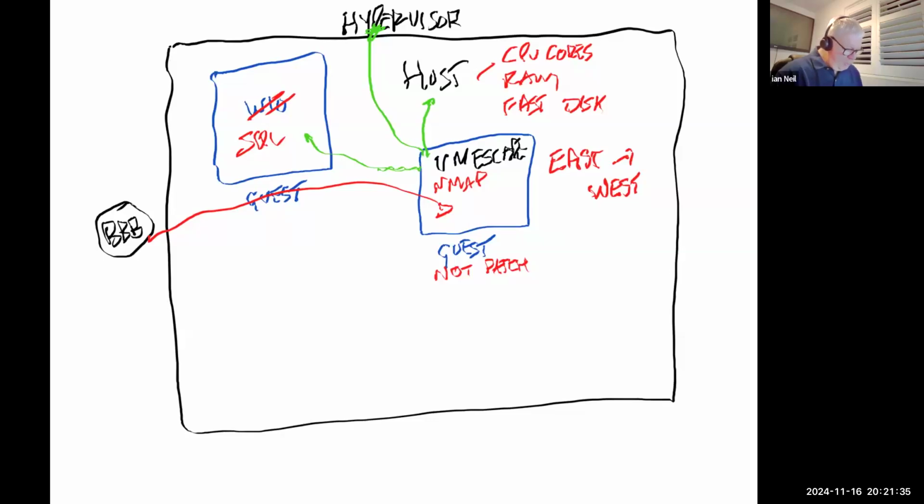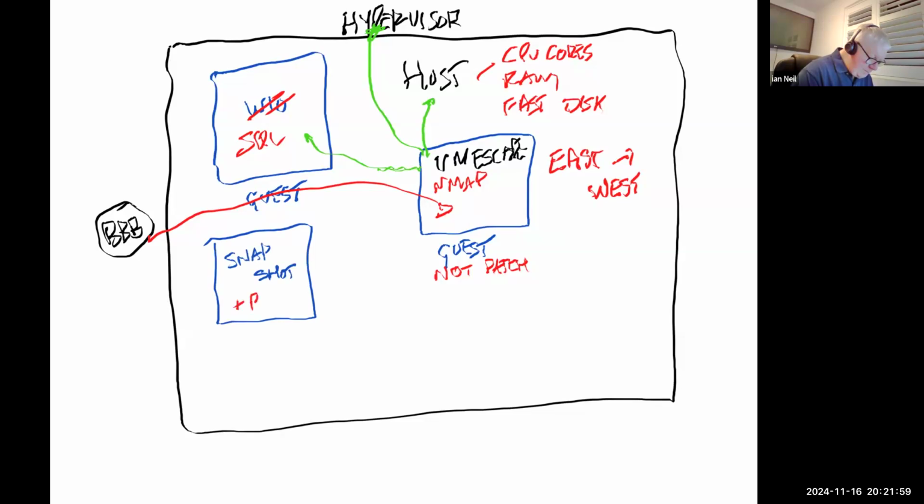Now, a good thing for forensics is I want to have a copy of my virtual machine in case something goes wrong. So a copy of a virtual machine is called a snapshot. And the snapshot is a copy of the virtual machine plus RAM. Now, random access memory is data in use, so it captures all of that.